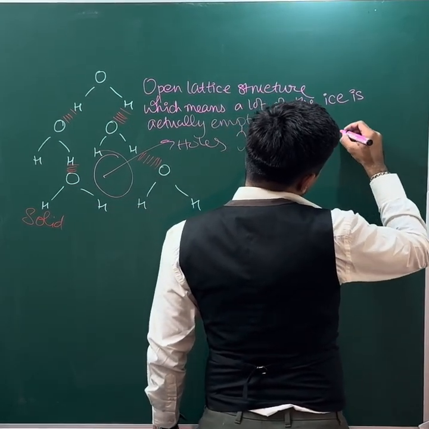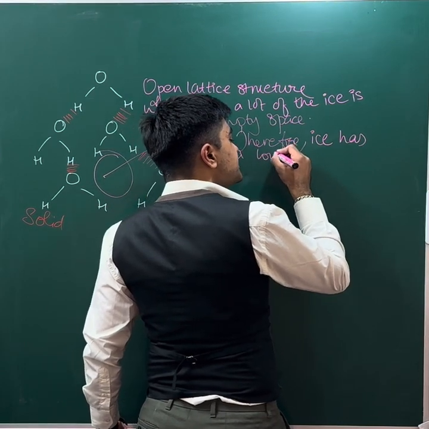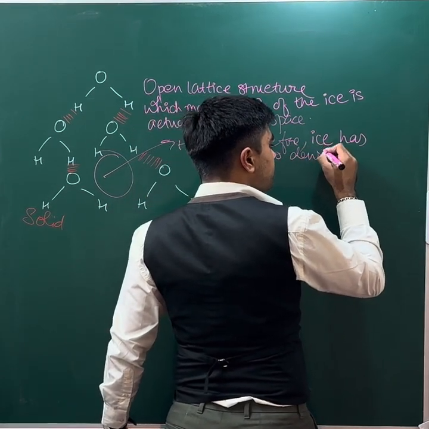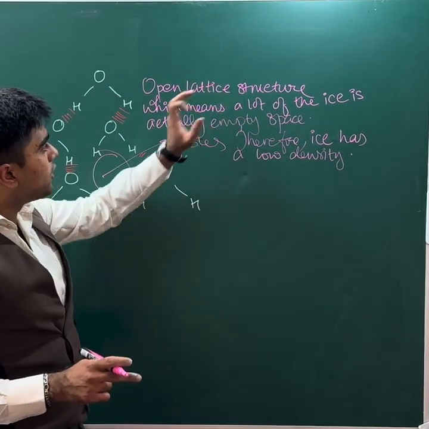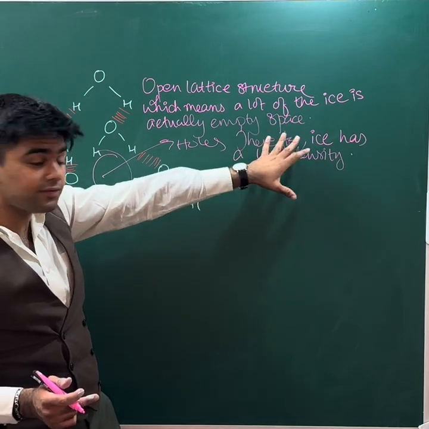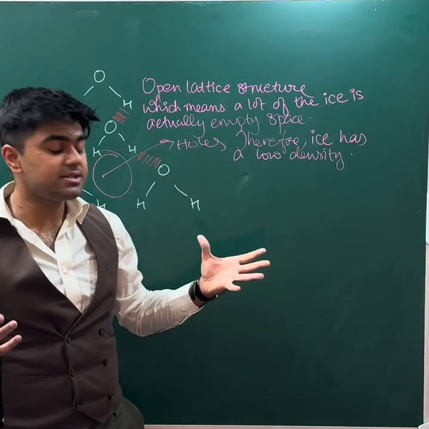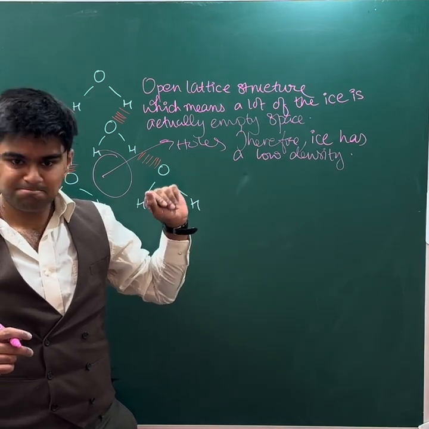Therefore, ice has a low density. Because ice has an open lattice structure, that means a lot of the ice is empty space, and therefore ice has a low density. Perfect.